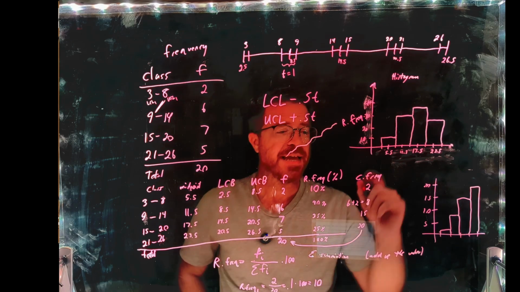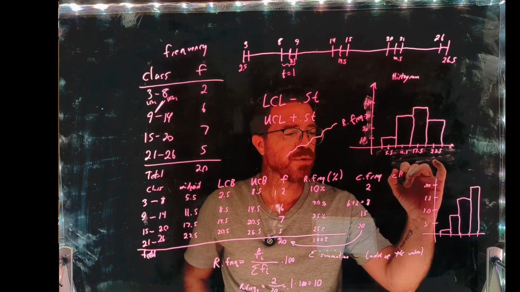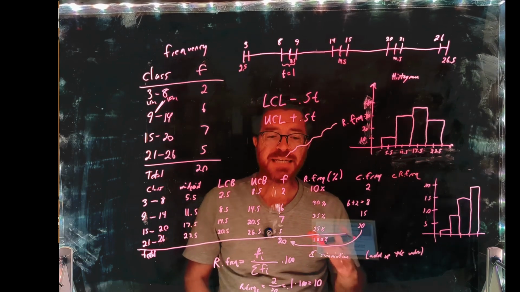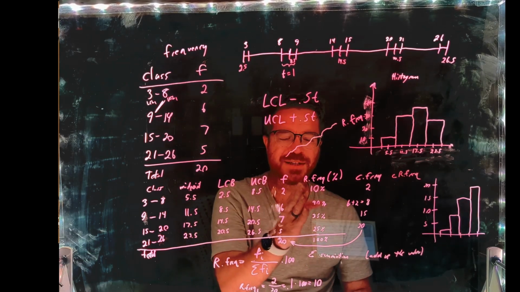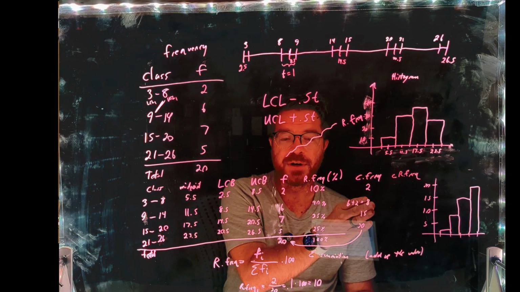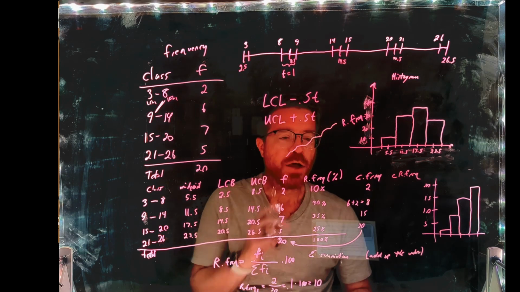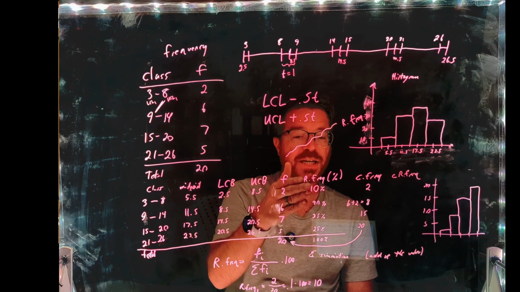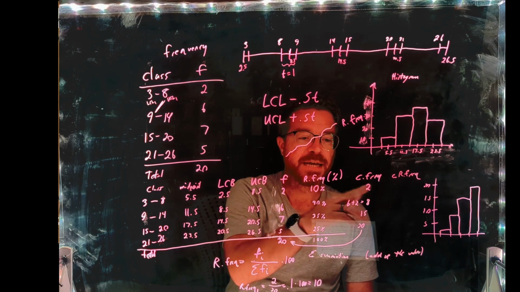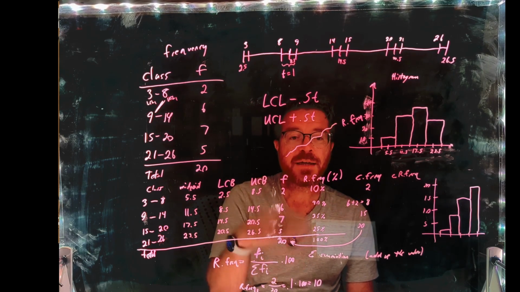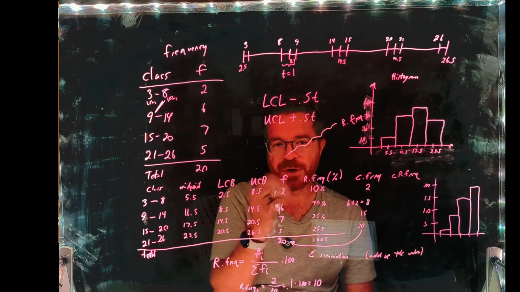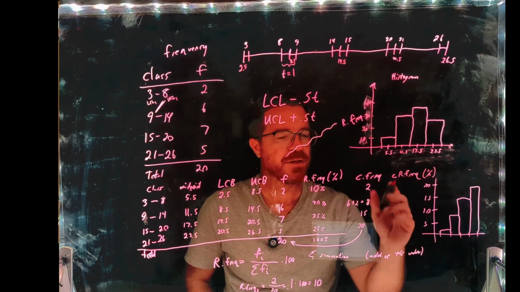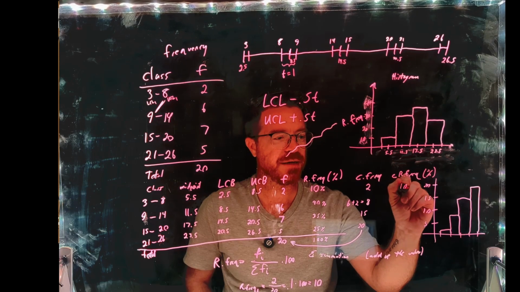Okay, so the last one is cumulative relative frequency. Now, this one is basically the idea of your relative frequency on your cumulative frequency. So there's two ways you can do this. The first is you could take your cumulative frequency and find it just like you did the relative frequency. You can take 2 divided by 20, and then if you want it as a percentage, times 100. So in this case, it would still be 10%.